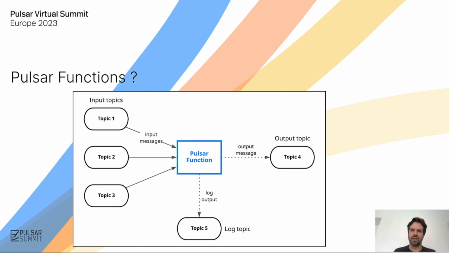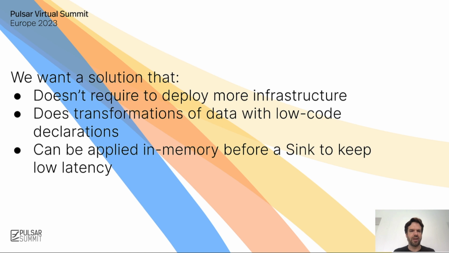And the other issue is that Pulsar functions read from a topic and write to another topic. So between the function and the sink, you would have an intermediate topic that would mean an increased latency and an increased cost of resources such as IO.